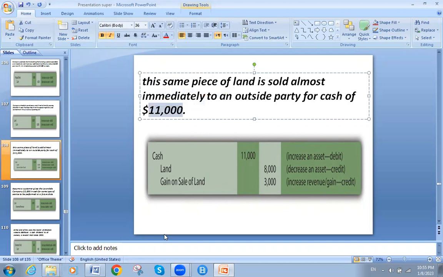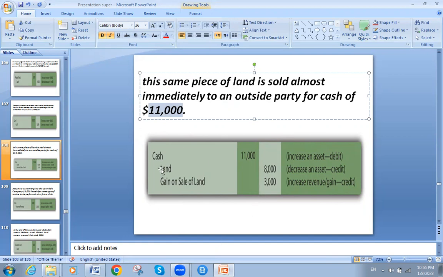If you bought a car for 8,000 and sold it for 11,000, that means you have gains or profit of 3,000. The profit is 11,000 minus 8,000, the selling price minus the buying price, which gives you 3,000.